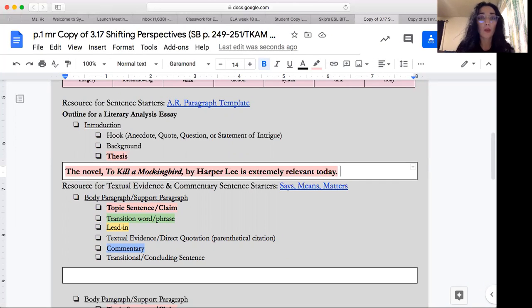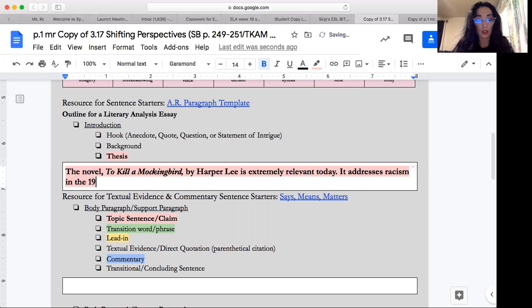So the novel To Kill a Mockingbird by Harper Lee is extremely relevant today. It addresses, or remember, I could say it talks about racism, but I want to sound more academic. So instead of saying that, I'm going to say addresses. It addresses racism in the 1930s.